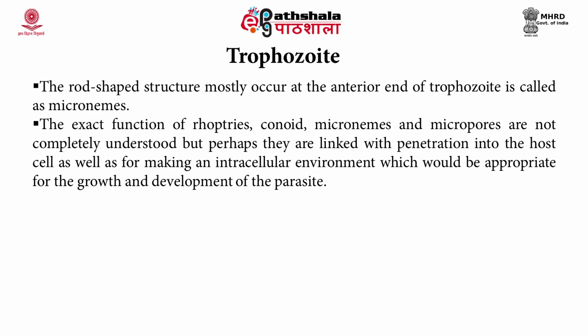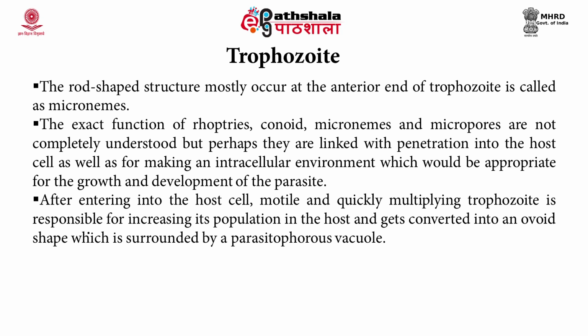After entering the host cell, the motile and quickly multiplying trophozoite increases its population in the host and gets converted into an ovoid shape, which is surrounded by a parasitophorous vacuole.